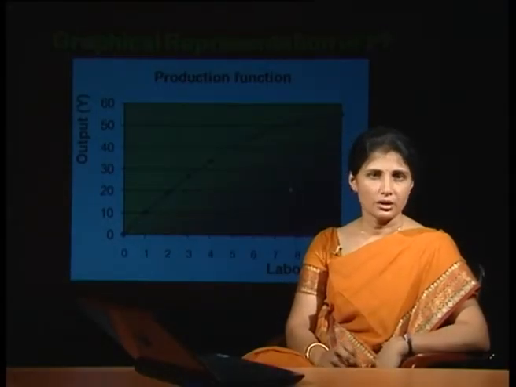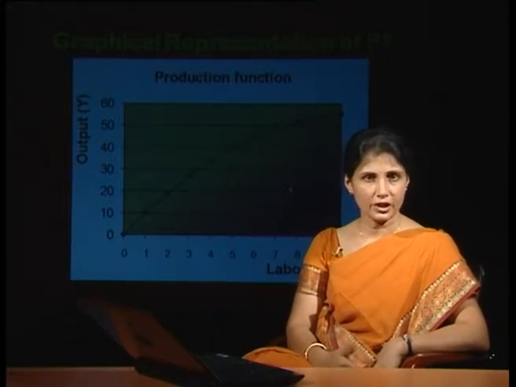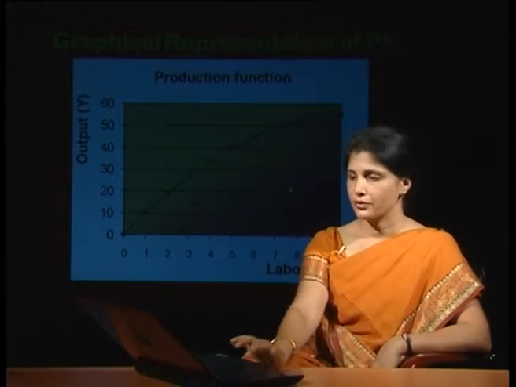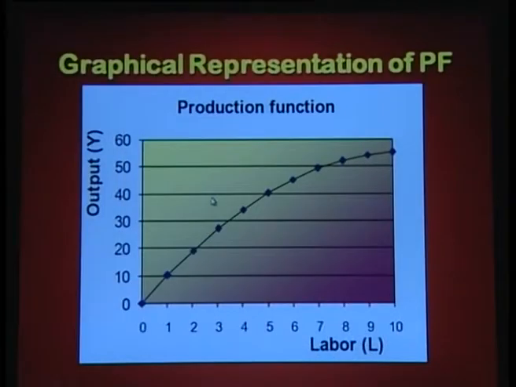Now we will show you the graphical representation of the production function. As you can see from this graph, on the vertical axis we are taking output represented by Y, and on the horizontal axis we are taking labor, the rate of input or the units of labor. The graph is showing that initially, with the additional one unit of input, the output is changing at an increasing rate.